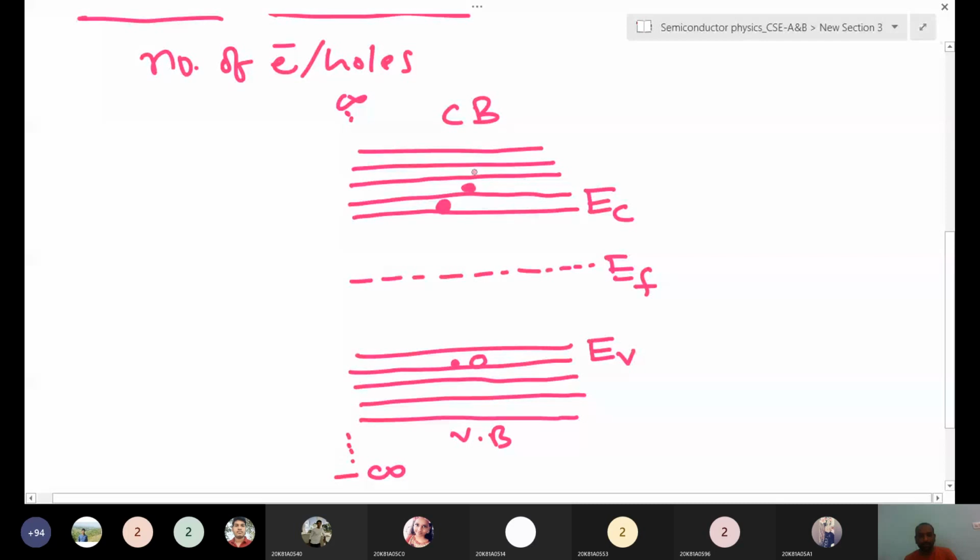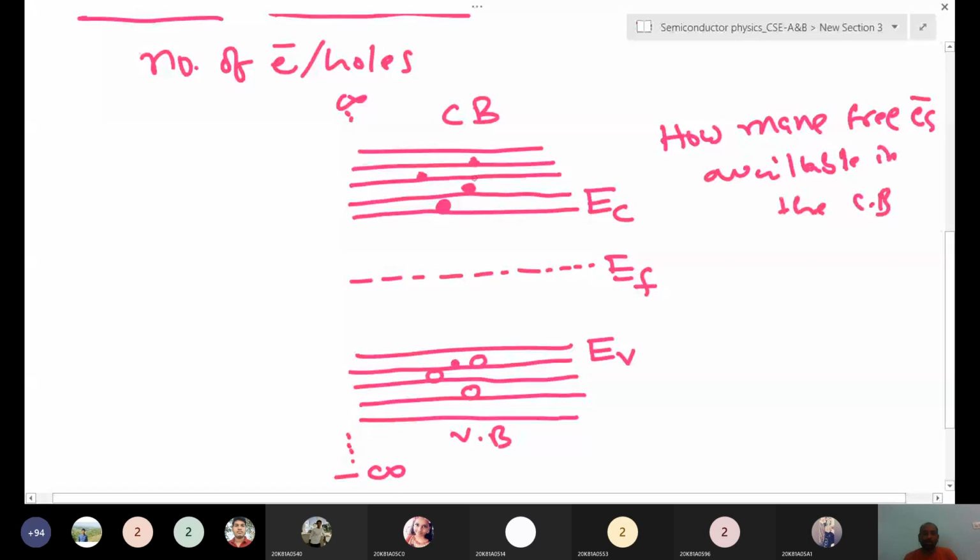Now we are going to calculate how many free electrons are available in the conduction band. First we will calculate how many free electrons are available in the conduction band. After that we will see how many free holes are available in the valence band.